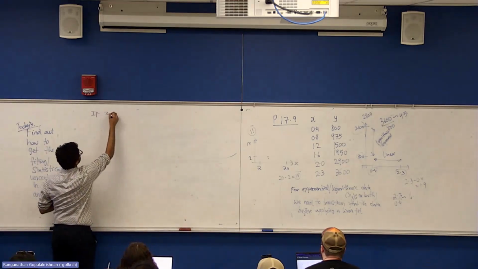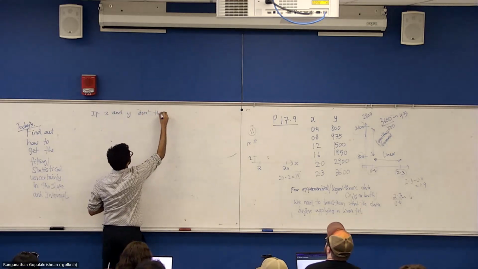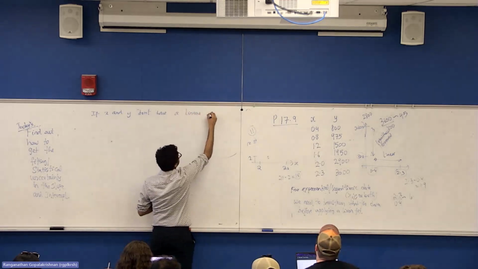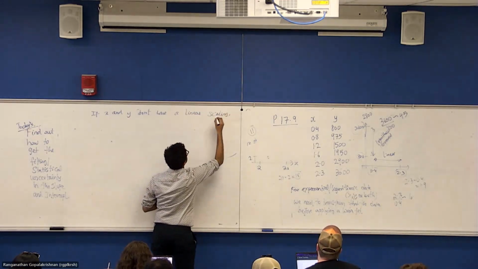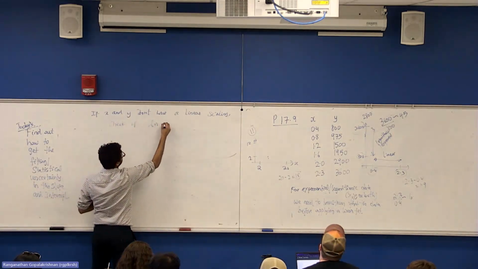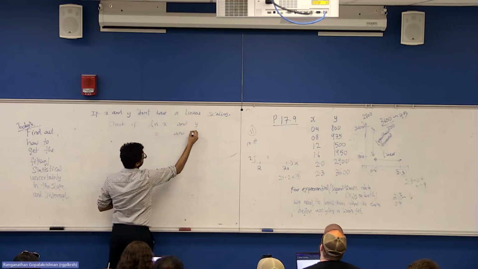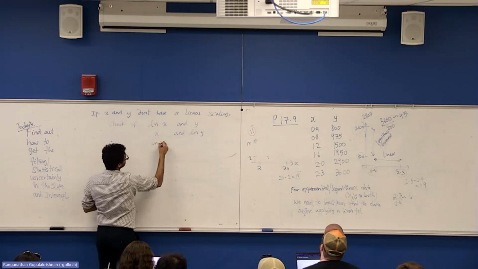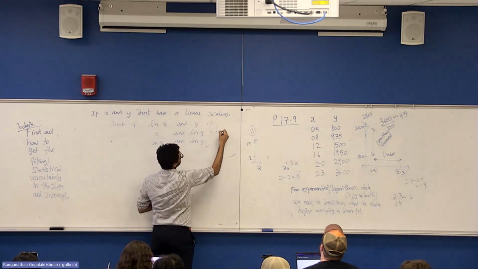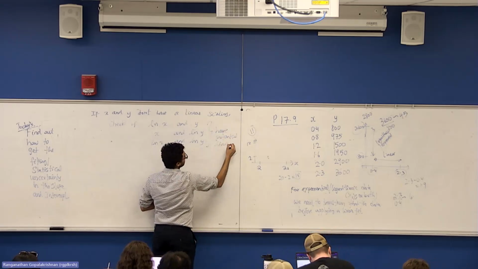If x and y don't have a linear scaling, check if ln x and y, or x and ln y, or ln x and ln y have a potential linear scale.